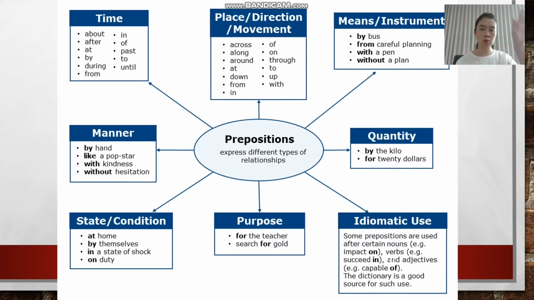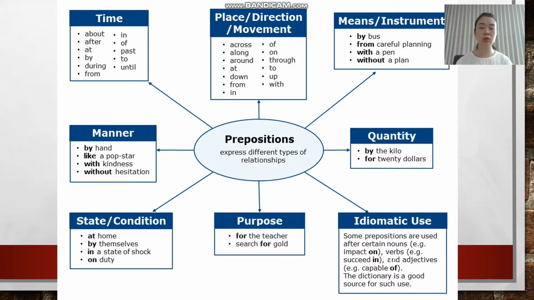Okay, what else? On the right hand side, we have means or instrument: by bus, by car, by ship, by airplane, from careful planning, with a pen, without a plan. About quantity: by the kilo, for $20, or even some idiomatic use.